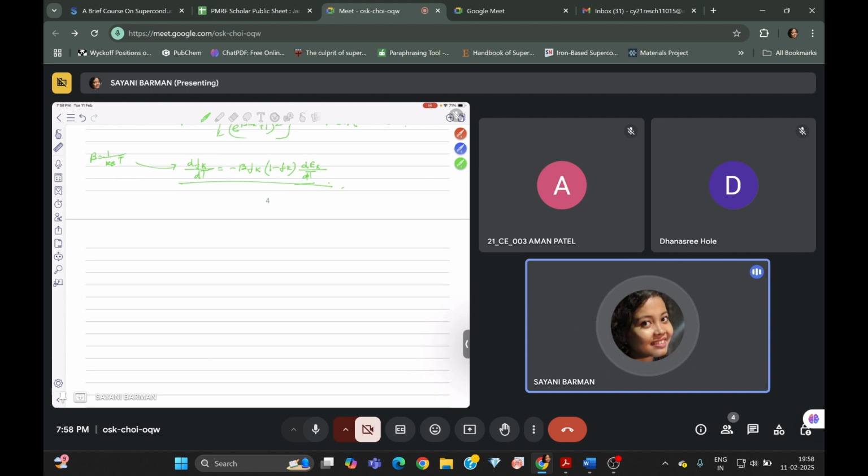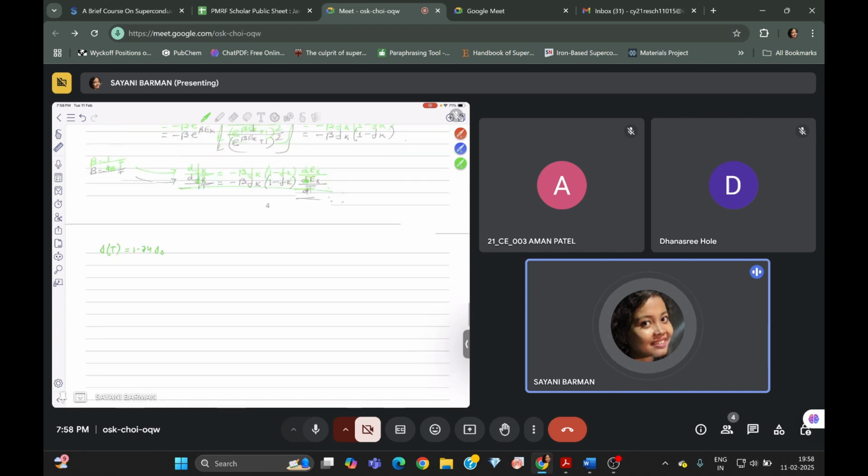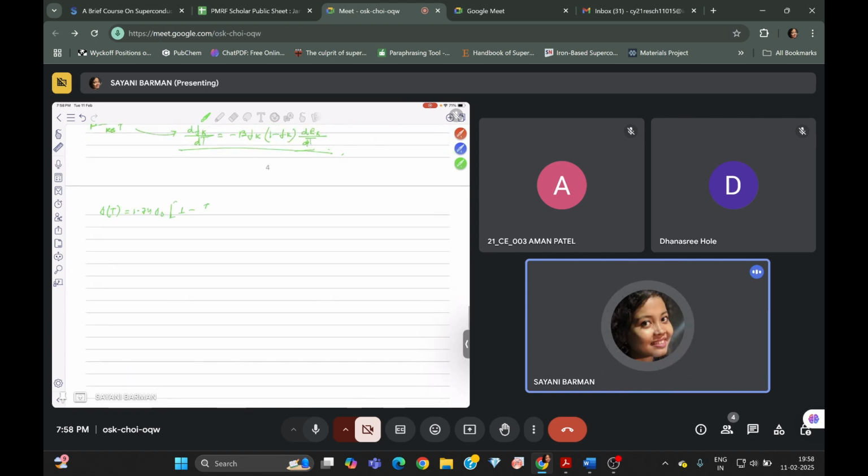Now the temperature dependence of this energy gap is given as 1.74 delta 0 (1 minus T by Tc) to the power half. Now we can also write it as delta 0 minus 1.74 delta 0 into (T by Tc) to the power half.